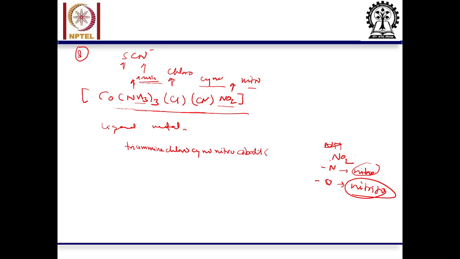What is the oxidation state? As you have calculated already, it is plus 3. Got it?